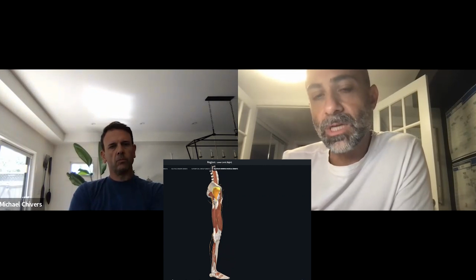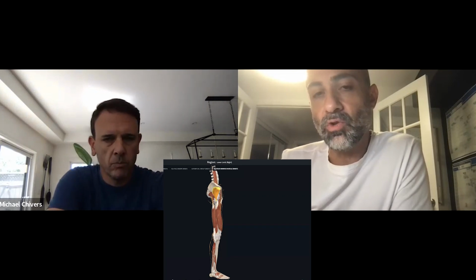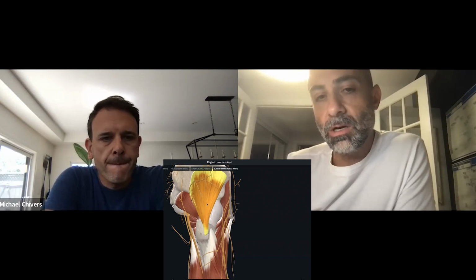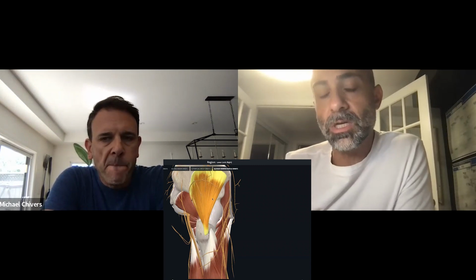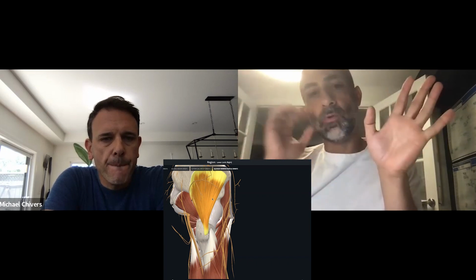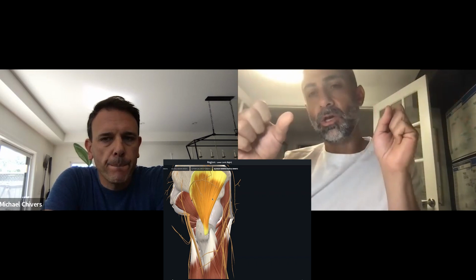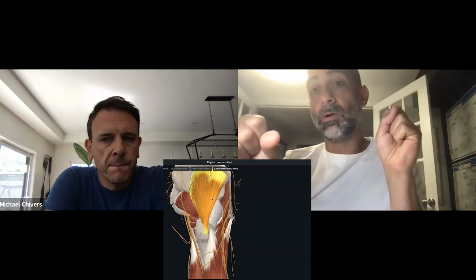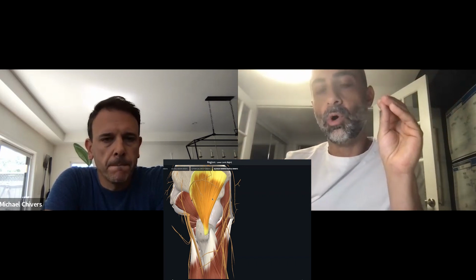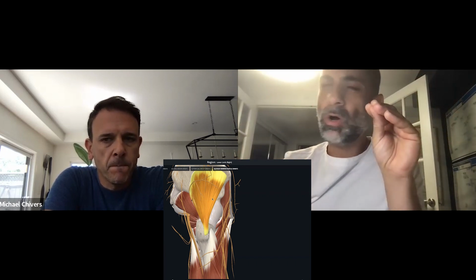So if you were to, for example, take the ASIS and the greater trochanter and bisect the line between the two, and you were to palpate, let's say in this region here, either on a tennis ball or with your fingers, when you press in, often you'll say, I'm looking for a reproduction of the pain. You push in the area, likely the person's going to go, oh my God, my gluteus minimus hurts like hell. If you hold that, you go anywhere else, they go, no, I don't feel it anywhere.